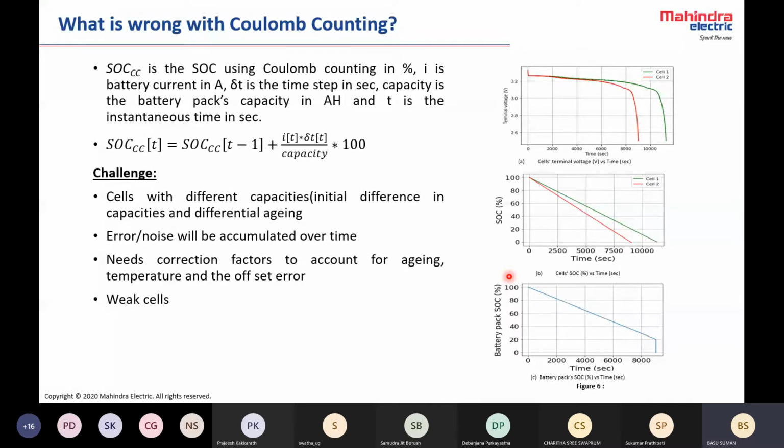So the rest must be left inside the cell. But it is actually not so easy. One problem is that measurement of current can have error. And the second thing is that there will be cells which are not exactly of the same capacity.